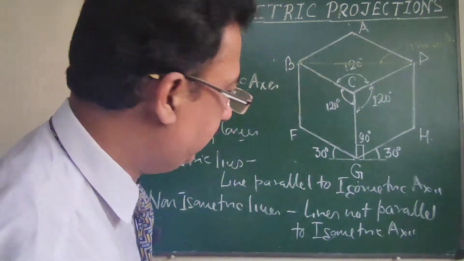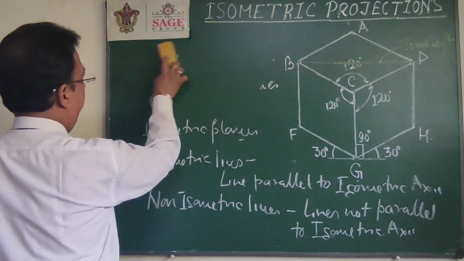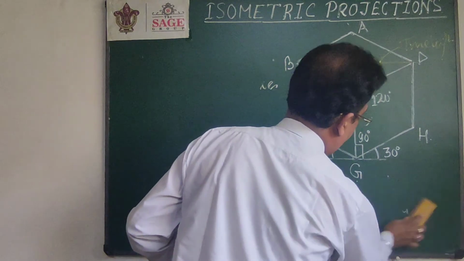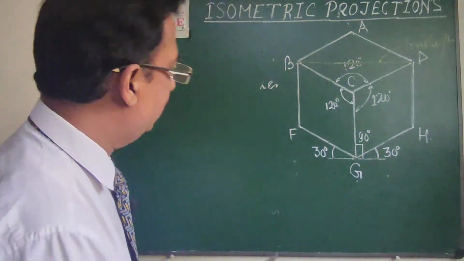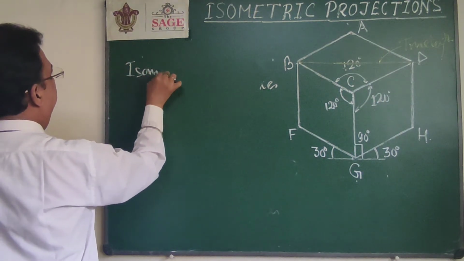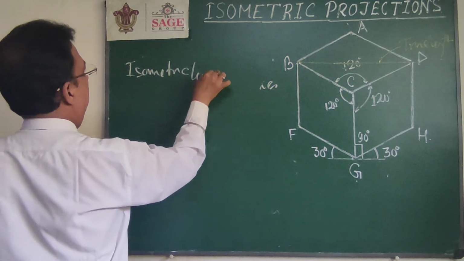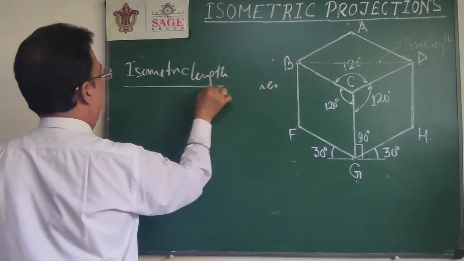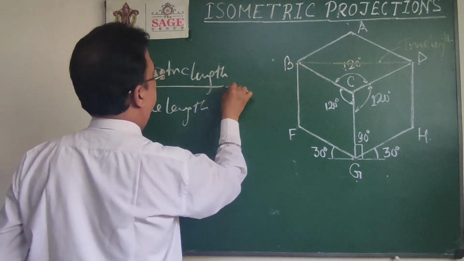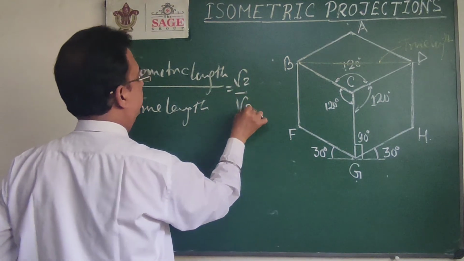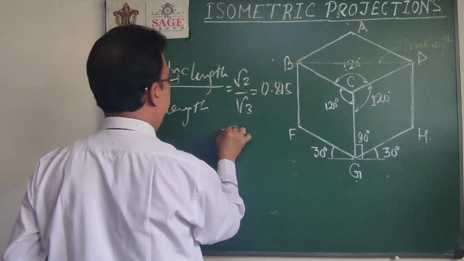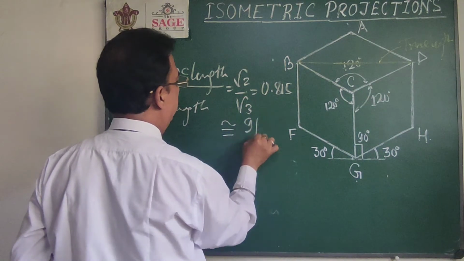So the final concept, if we talk about isometric length versus true length, the formula is, we can already prove it mathematically also. From geometry we have already checked that isometric length upon true length will be equal to root 2 upon root 3, that is 0.815, or almost equal to 9 upon 11.